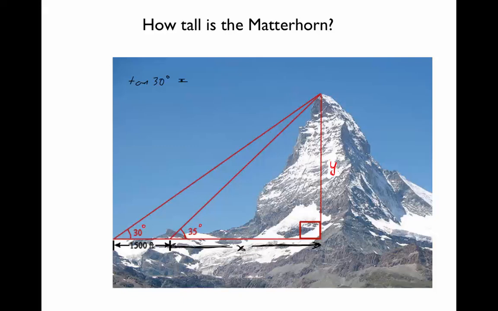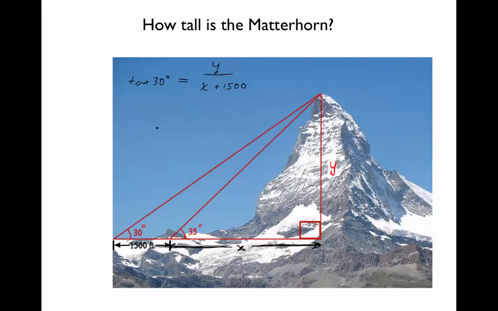Okay, tell me. So in the triangle with 30 degrees, what's the opposite? What's the adjacent? Opposite y. Adjacent is x plus 1500. Is that a valid relationship here?